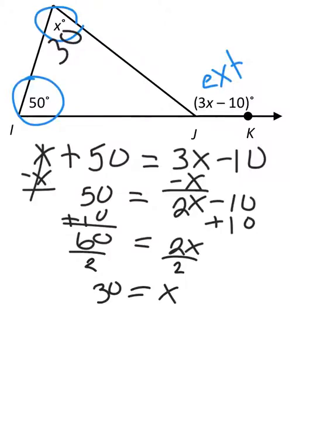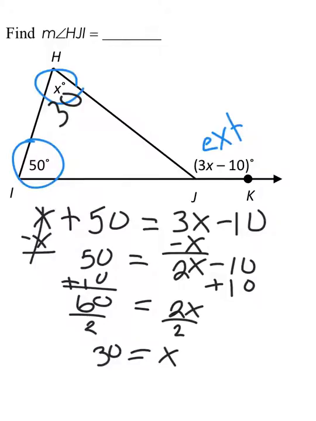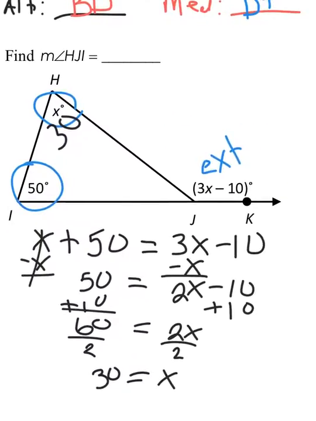Which doesn't look too bad there, except when you need to find HJI, 50 and 30 is 80. That would make this 100. And that doesn't really look like an obtuse angle.